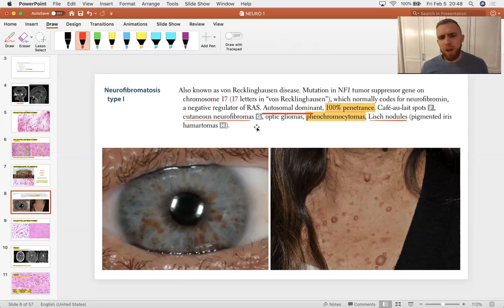But these autosomal dominant diseases, neurofibromatosis, well, you have a structural protein malfunction. And so you get structural problems. You get skin nodules. You get hamartomas in the eye. These are all kind of connective tissue disorders. With tuberous sclerosis, which we'll talk about shortly, you get, again, connective tissue bumps.